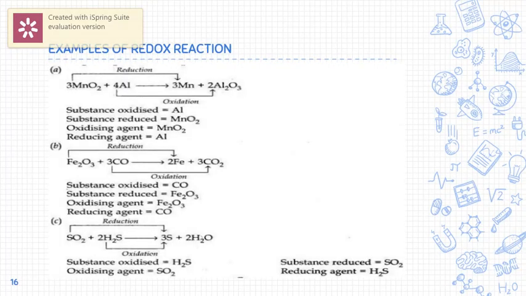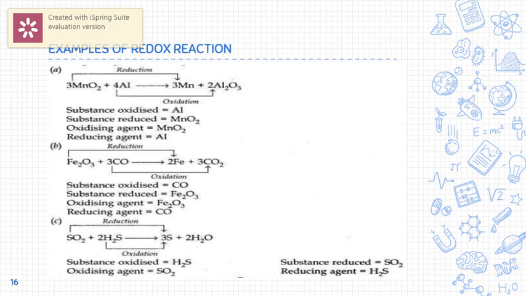Okay friends, here are the examples where we will understand what is oxidation and what is reduction. 3MnO2 plus 4Al gives 3Mn plus 2Al2O3. Al is converting into Al2O3. How? By adding oxygen. So it is the addition of oxygen on aluminium, and therefore it is called an oxidation reaction.